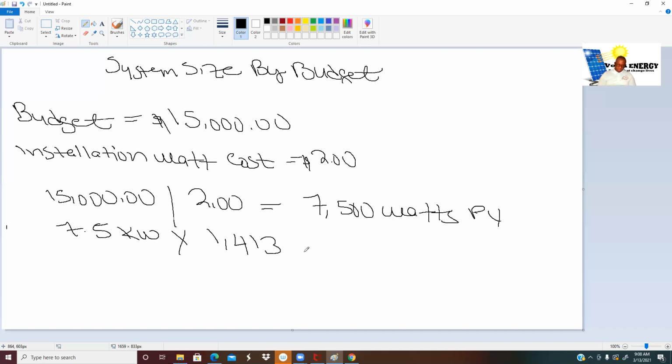So 7.5 times 1,413 equals 10,597.5. Now we divide that by 1,000 to get our kilowatts.